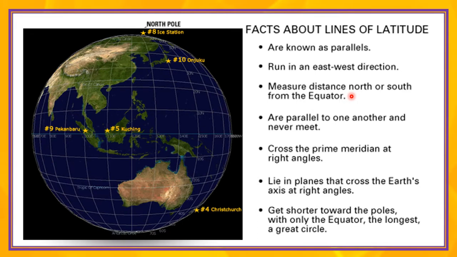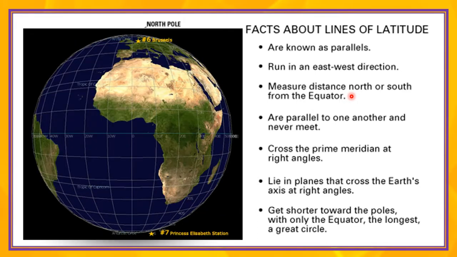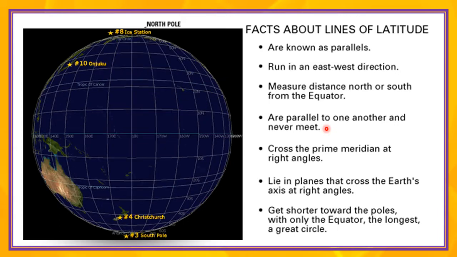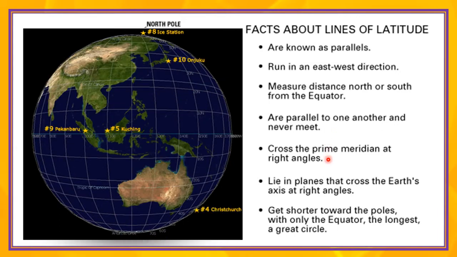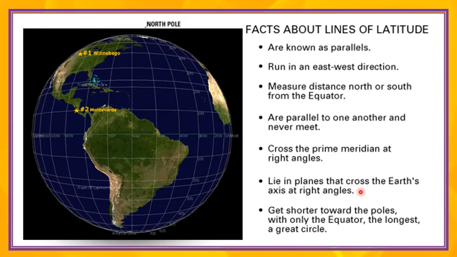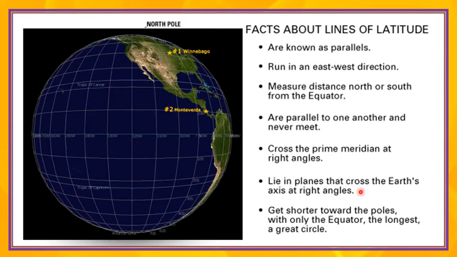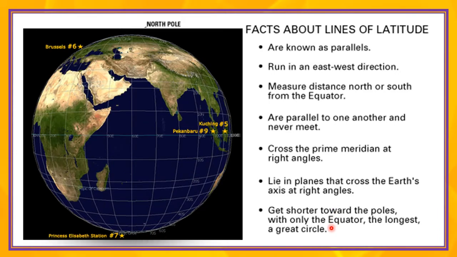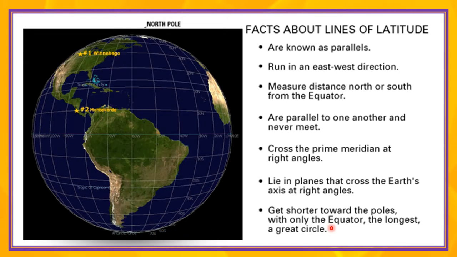Measure distance north or south from the equator, are parallel to one another and never meet. Cross the prime meridian at right angles. They lie in planes that cross the Earth's axis at right angles, and they get shorter toward the poles, with only the equator, the longest, a great circle.